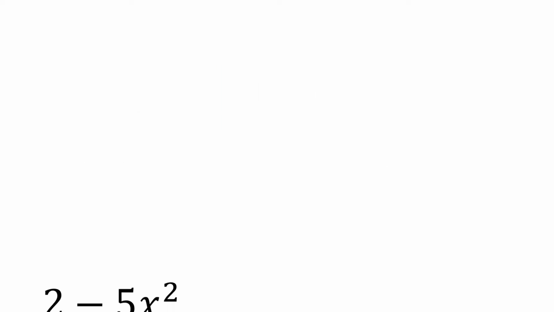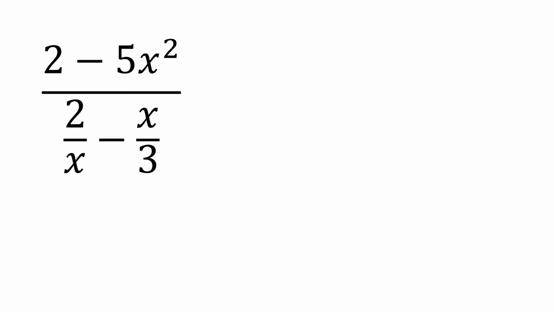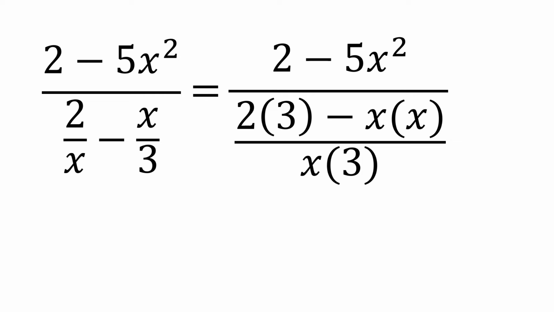Now let's say we have (2 minus 5x squared) over (2 over x minus x over 3). Now to simplify this, we first simplify the denominator by subtracting the terms. By property of fractions, this equals (2 minus 5x squared) over ((2 times 3 minus x times x) over (x times 3)).